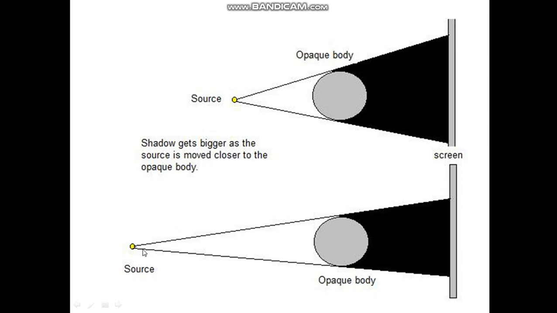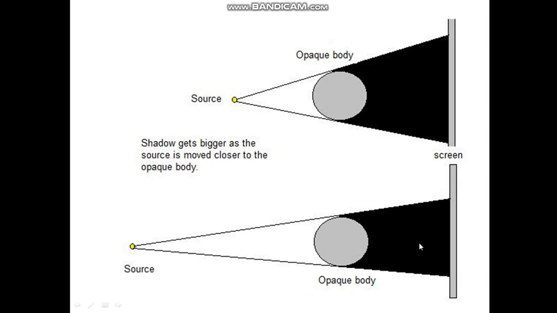But when we place the torch at a distant place far from the object, then the size of the shadow will be small.